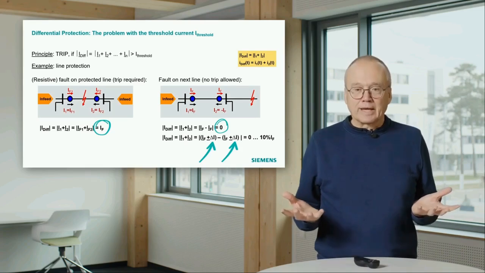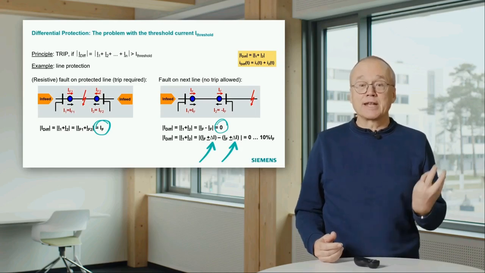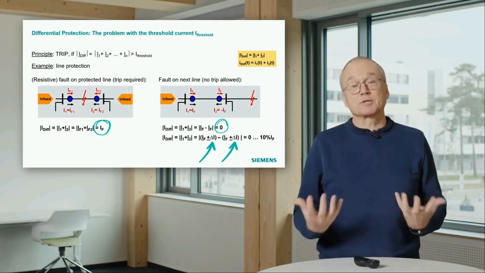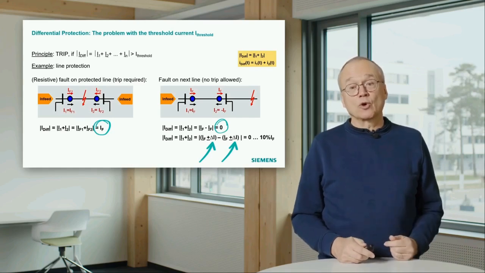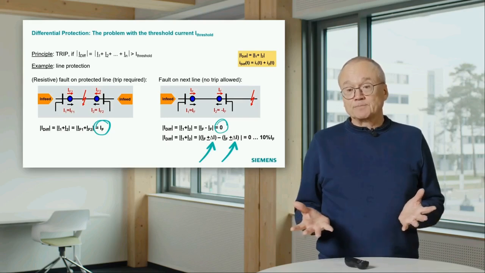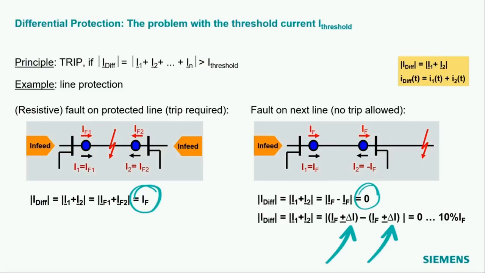But we can, of course, also have the case that the left side current transformer has a negative measurement error and that the right side current transformer has a positive measurement error. And then the differential current is no longer zero. If we, for instance, assume a 5% measurement error and one has minus 5%, the other has plus 5%, the result will be that we have a differential current which is equal to 10% of the fault current.